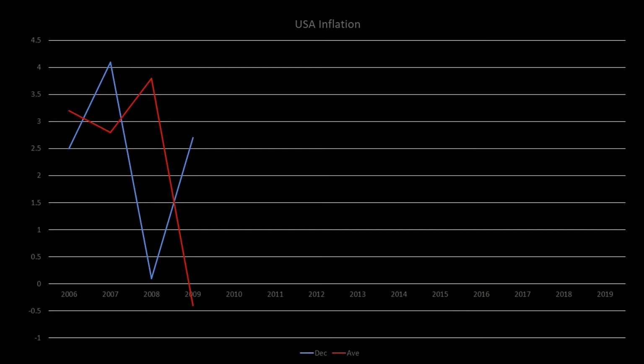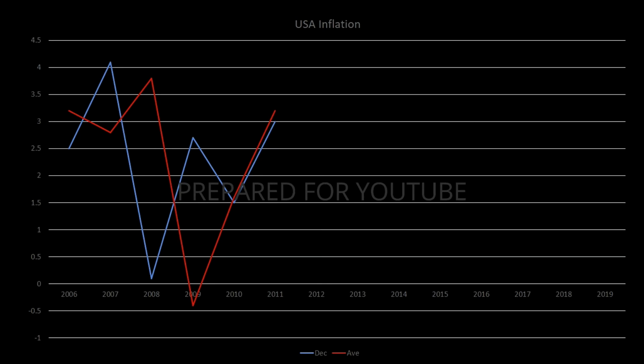I'm going to go faster now. This is what happened after that. In 2010, it was pretty similar. '11 went absolutely together. '12 went down together. '13 went down both, and both the December inflation rate and average inflation rate were the same, 1.5.